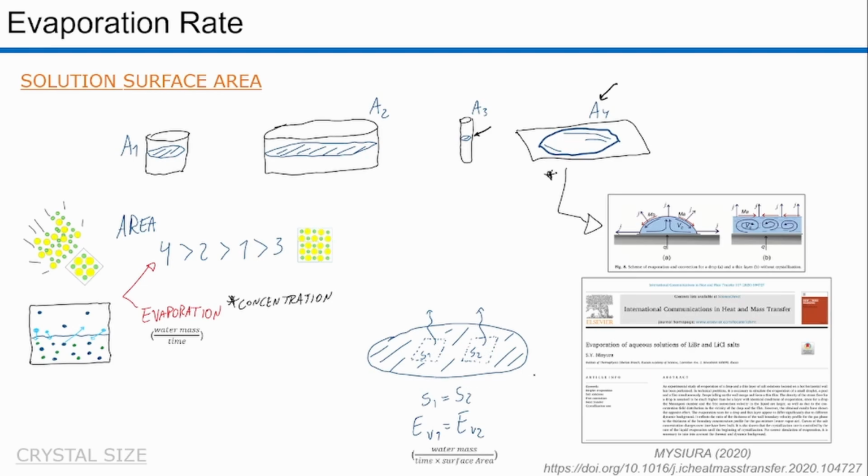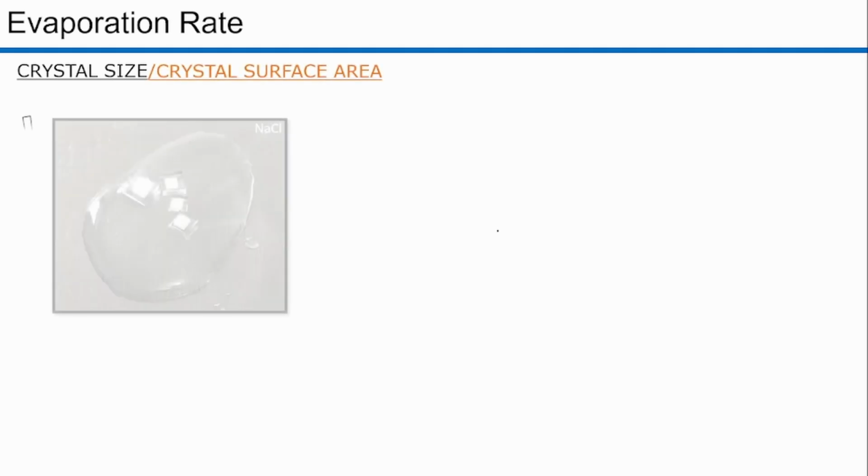In this case, we are talking about the water mass that evaporates over time by the surface area. Okay, let's keep that in mind and talk about the crystal size, or should I say crystal surface area.